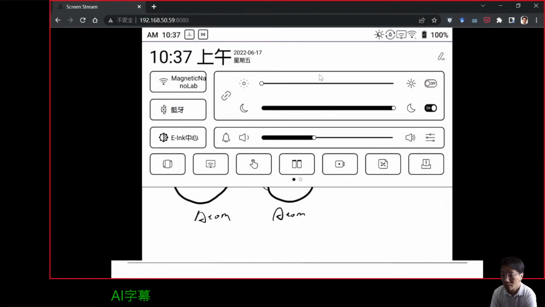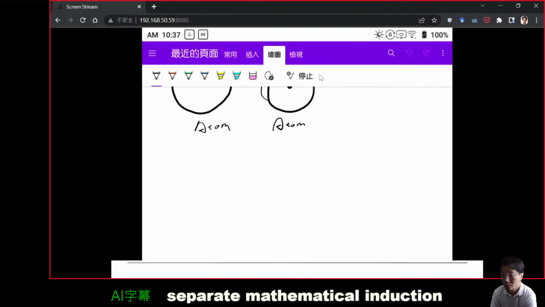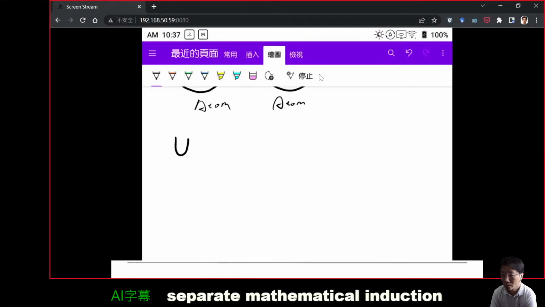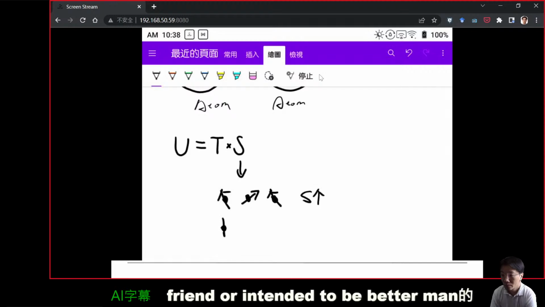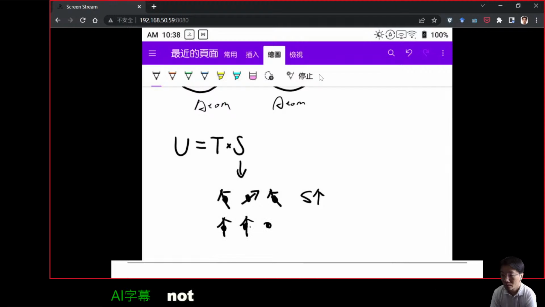The principle is something like this. Let me show you an equation here. The internal energy is equal to temperature times entropy. The entropy in the magnetic system is like this: if we have randomly oriented spins, then the entropy is larger than when the spins align in a single direction.